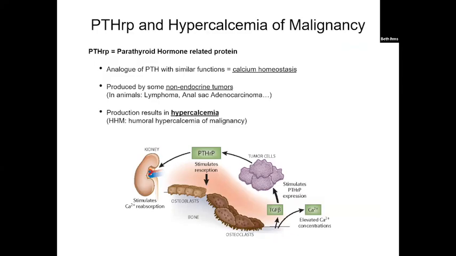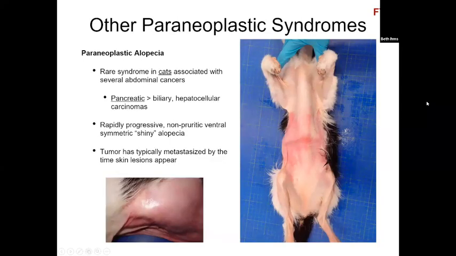So no, not just tumor. What about this one? Is this pathognomonic for abdominal carcinoma? Yeah, pretty much. Weird shiny alopecia on the ventral abdomen that's progressive and non-pruritic. Pretty much. Is that because it's metastasized to skin? No, I don't know why this is.